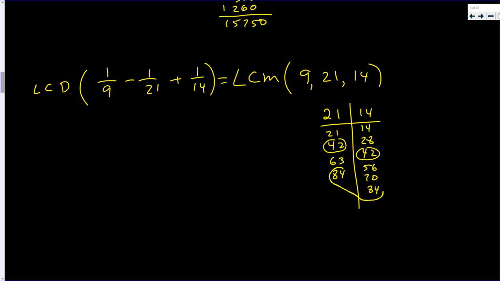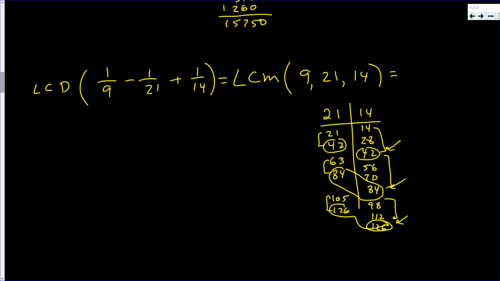They're only going to have multiples of 42. You get 105, 126, 98, 112, 126. Notice, every 2 numbers here, every 3 numbers here repeat. Oh, and these numbers, 42, 84, and 126, they're multiples of 42.